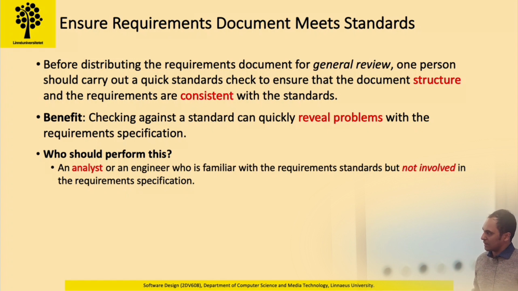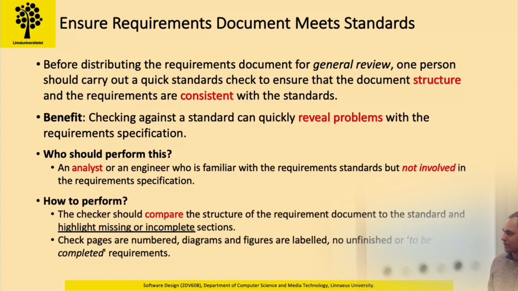That analyst or engineer should not be part of the requirements elicitation or specification, because if he is already part of the team that did the elicitation or specification, he will not be able to find his own problems or mistakes. If he is not involved in the specification process and has the standard, because he is a technical person, it will be easier for him to check the conformance with the standards.